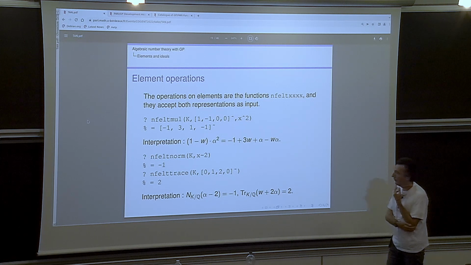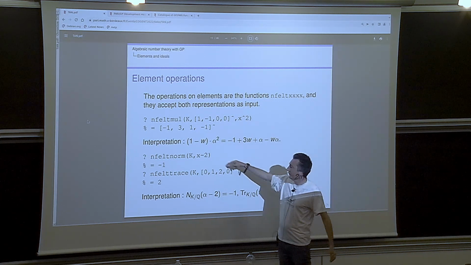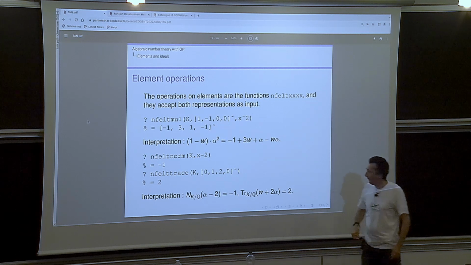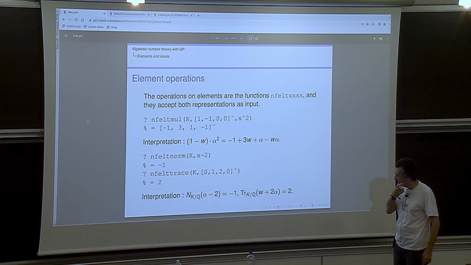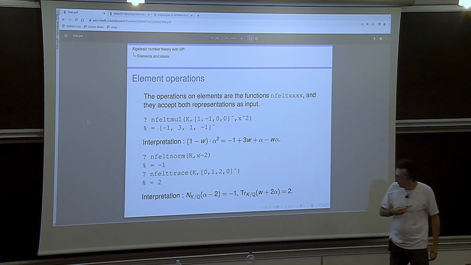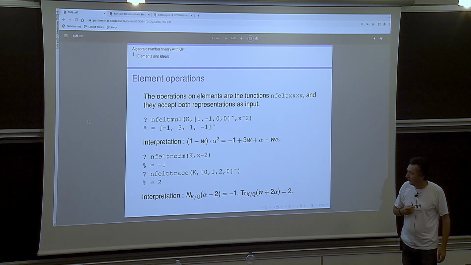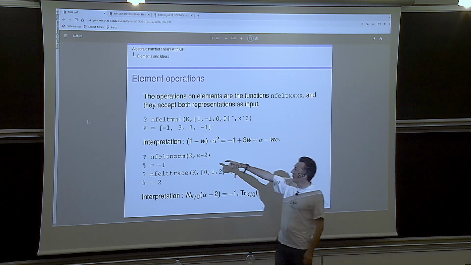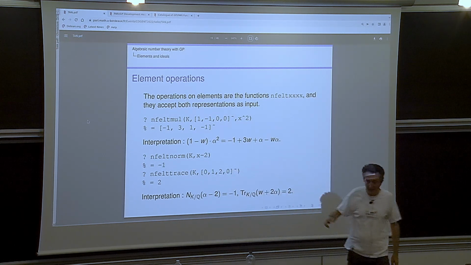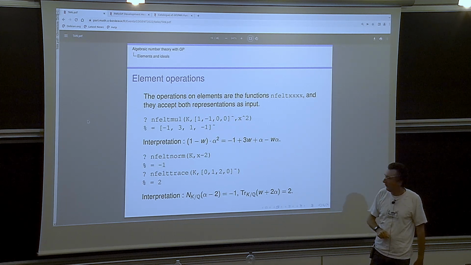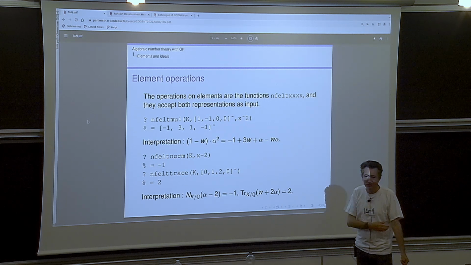Okay, and you can ask for the norm, the trace. Actually, if you had a mod, you could just do the norm of Mod(x minus 2, polynomial), and you get the norm. But it would not work on the integral basis, and you would not know what the basis is.